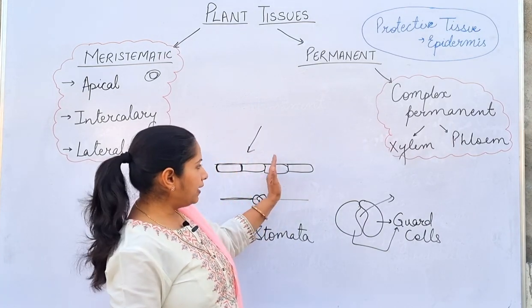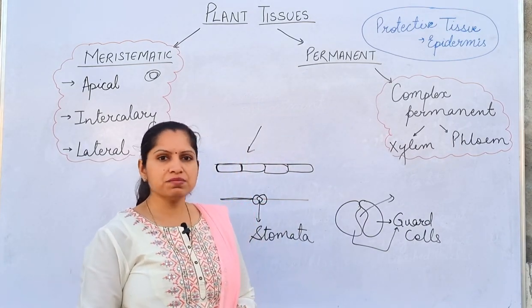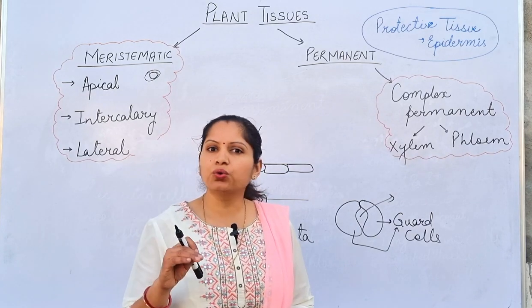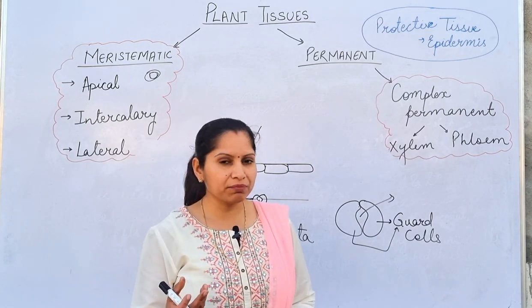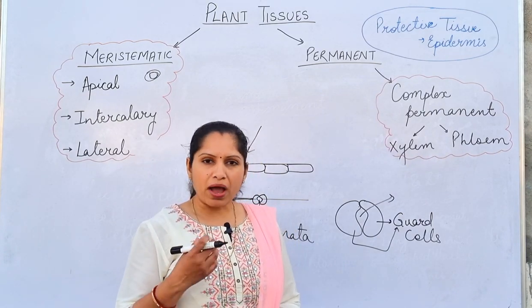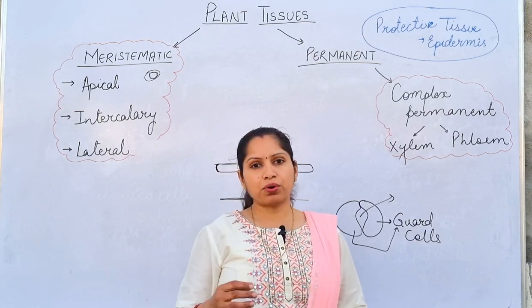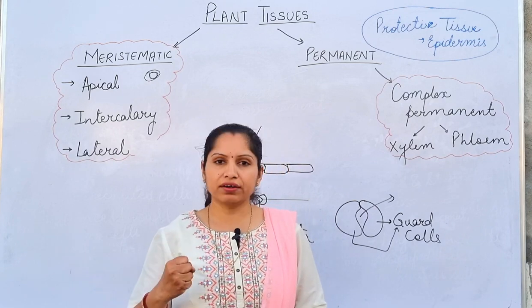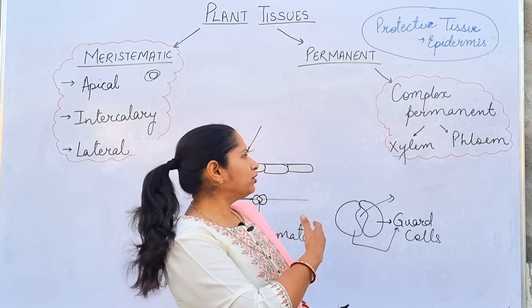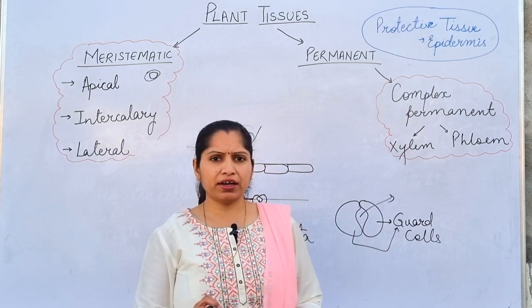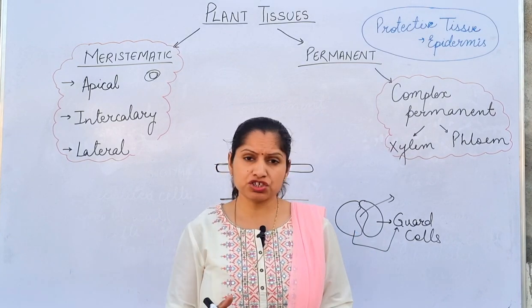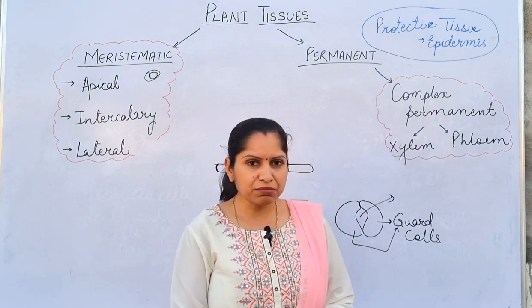This layer of epidermis is sometimes surrounded with a waxy coating also, especially in fruiting plants. It's very important. So the waxy coating is sometimes there around this epidermis, and that provides protection against water. So what kind of protection is given to the plants by this epidermis?